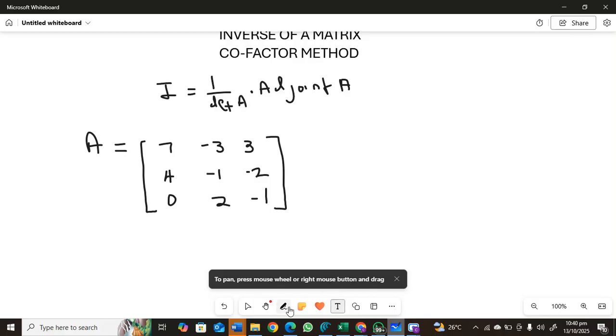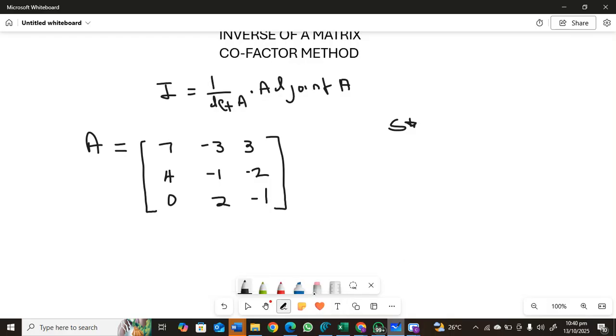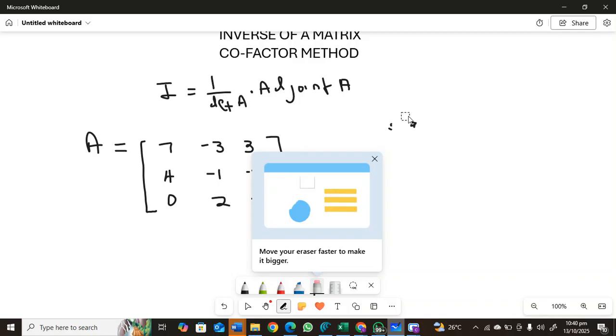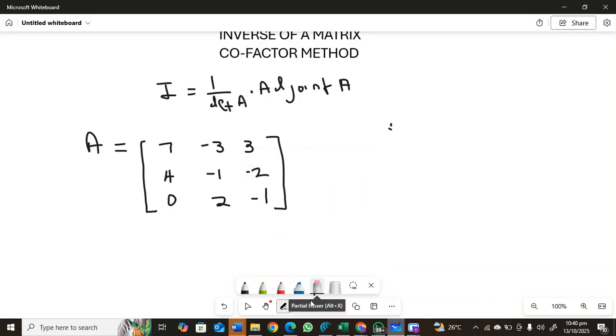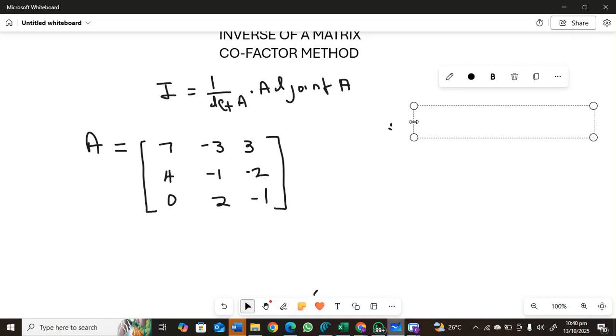Okay, so step 1, we need to find our determinant. Step 1, get the determinant.